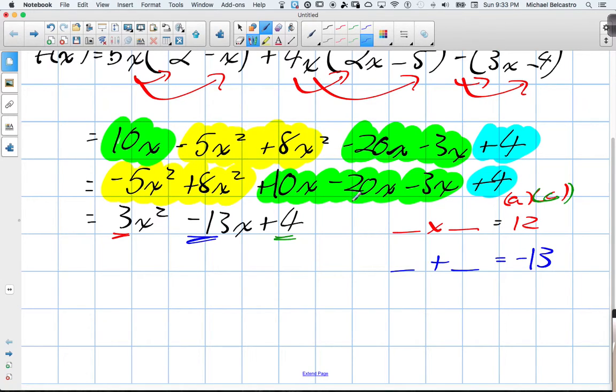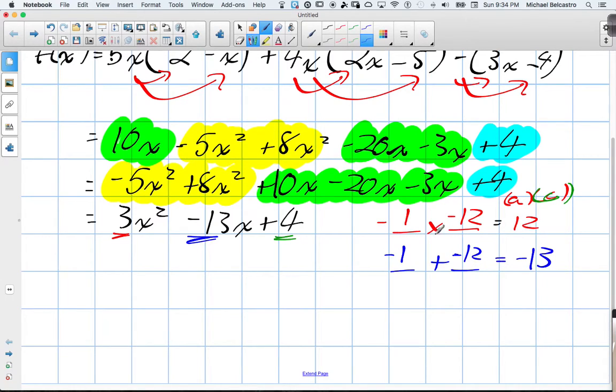So 2 numbers that multiply to 12 and add to -13, I can give us 2 right away. If I say -1 and -12, they multiply to positive 12, a negative times a negative. And -1 and -12 together give us -13.